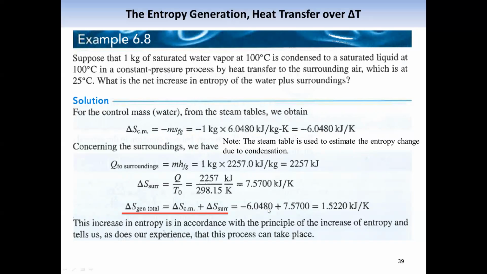Combine these two terms, we get a positive quantity. So it doesn't violate the second law of thermodynamics. Entropy generation, when we combine the system and the environment, has to be positive.